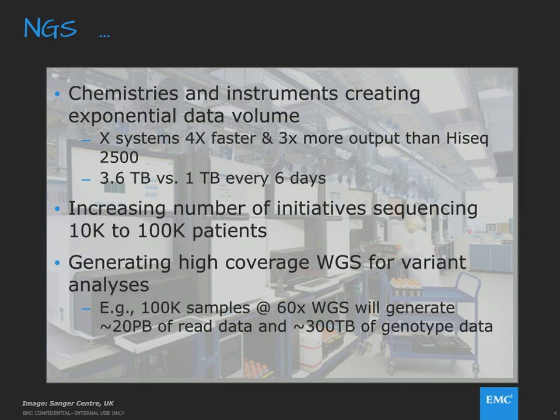And of course, here's the obligatory next generation sequencing slide. I think it goes without saying that, now with the X systems that have come out from Illumina, both on the instrumentation and the changes in the recent chemistries, if you're running at a full clip, you can generate 3 times the amount of data for a given unit period of time. And this really opens up the possibility for population-based analyses using next-generation sequencing.